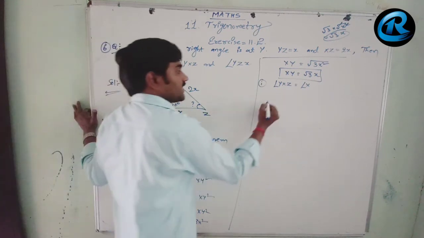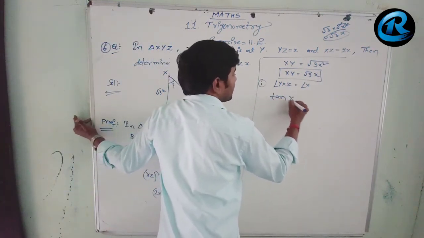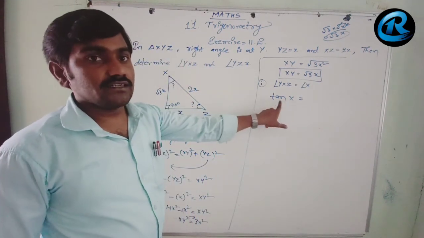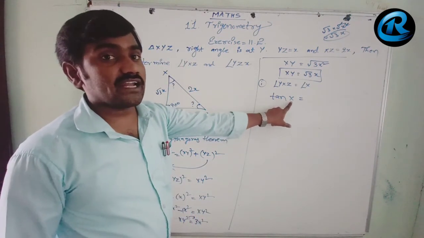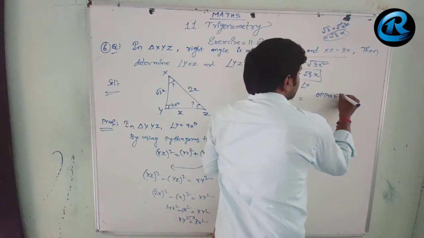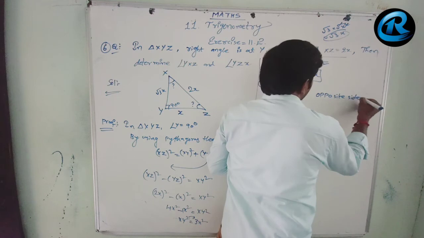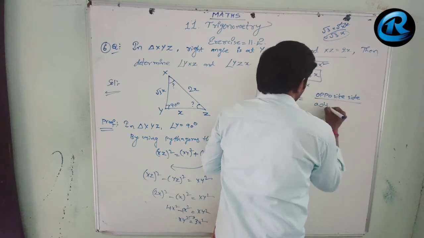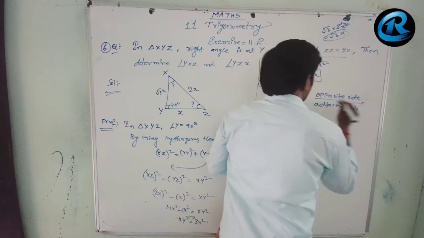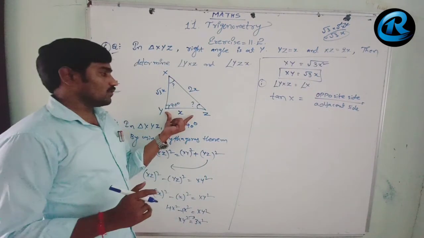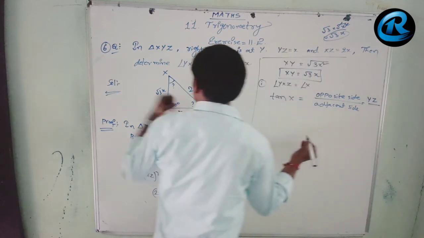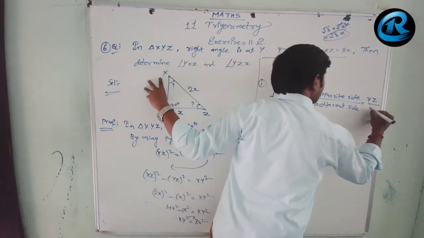Opposite by adjacent, let us take it. Tan x, the angle at X, is equal to opposite side by adjacent side. Opposite side is YZ, adjacent side is XY.